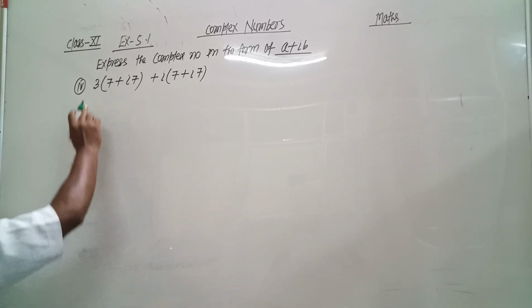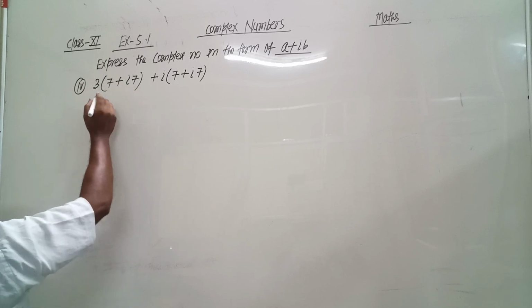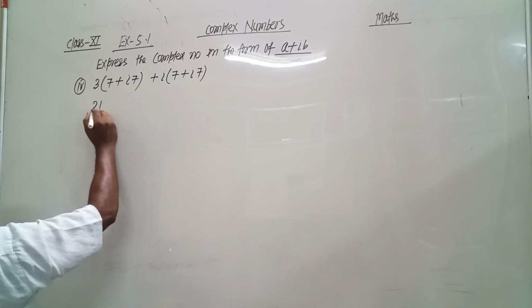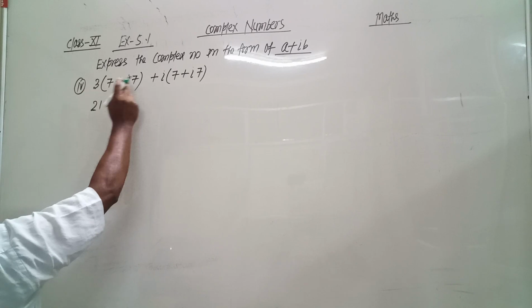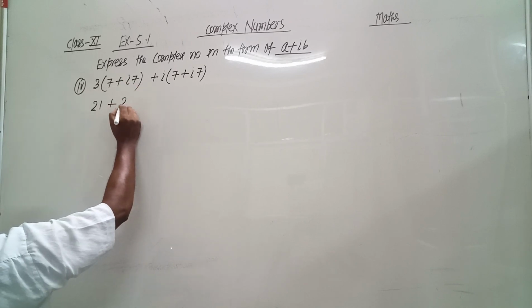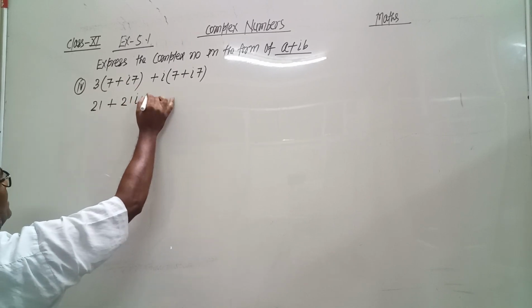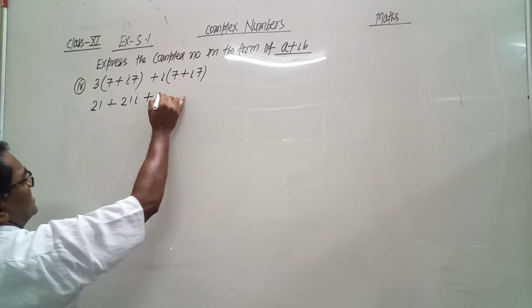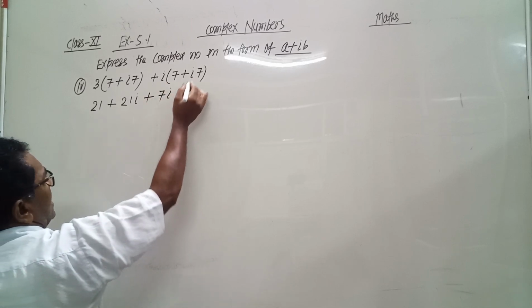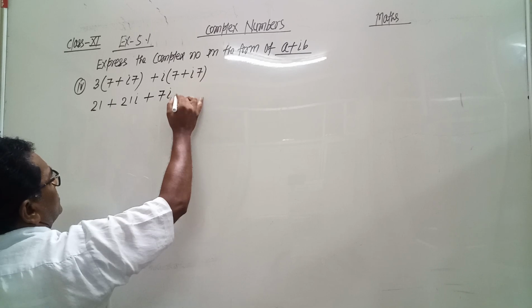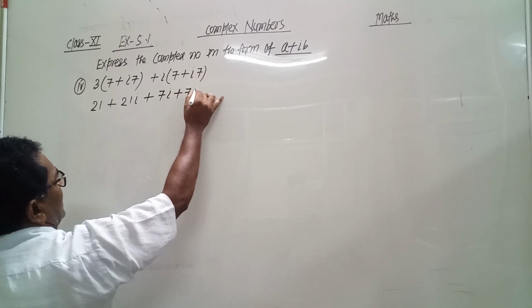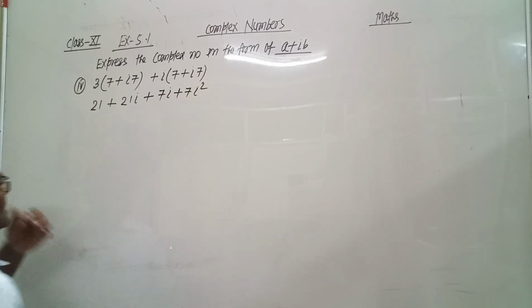We remove the brackets: 3 multiplied by both the terms. 3 into 7 is 21, plus 3 into 7i is 21i, plus i into 7 is 7i, and i into 7i we get 7i squared.